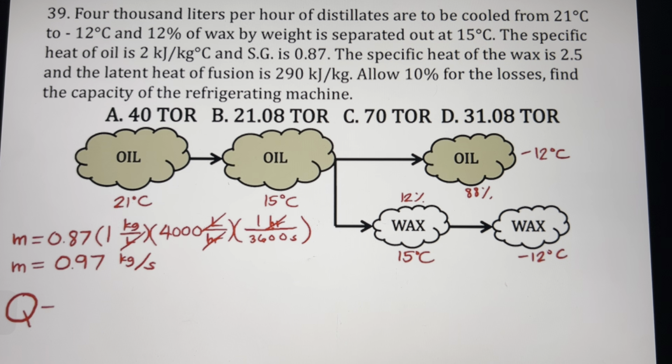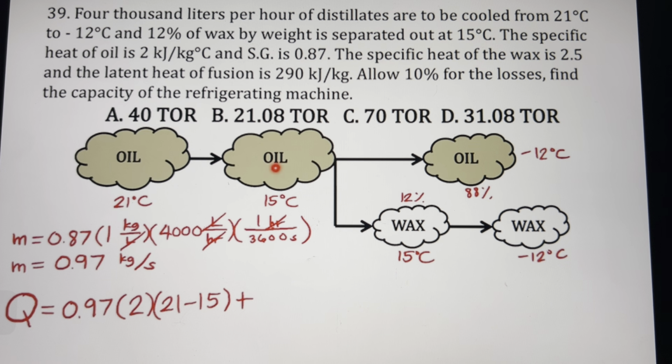So for our Q, that will be oil at 21 to oil at 15, so that's sensible heat. That is m times Cp of oil, which is 2, times the change in temperature, 21 minus 15. Plus, we have oil at 15 and oil at -12 degrees Celsius.